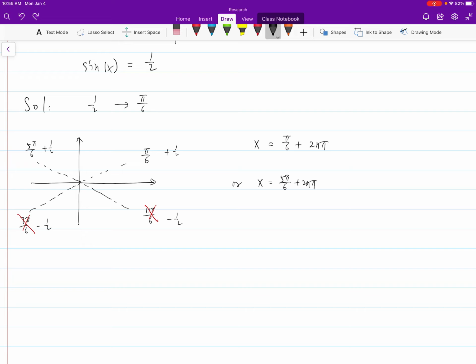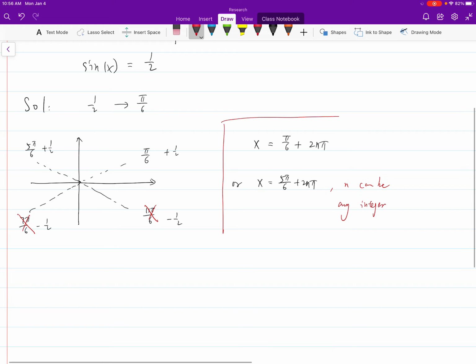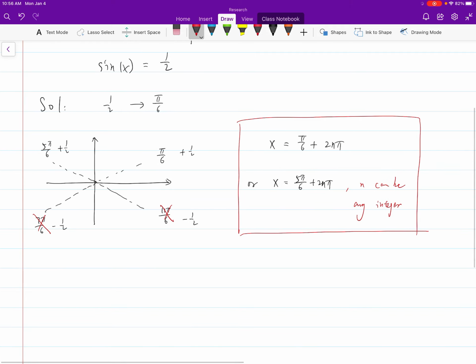Similarly, if you keep subtracting 2 pi, they also qualify. Therefore, your final answer should be this one here, where n can be any integer, positive, negative, or 0. That will be the most inclusive answer, including all the possibilities of solving sin x equals a particular value.